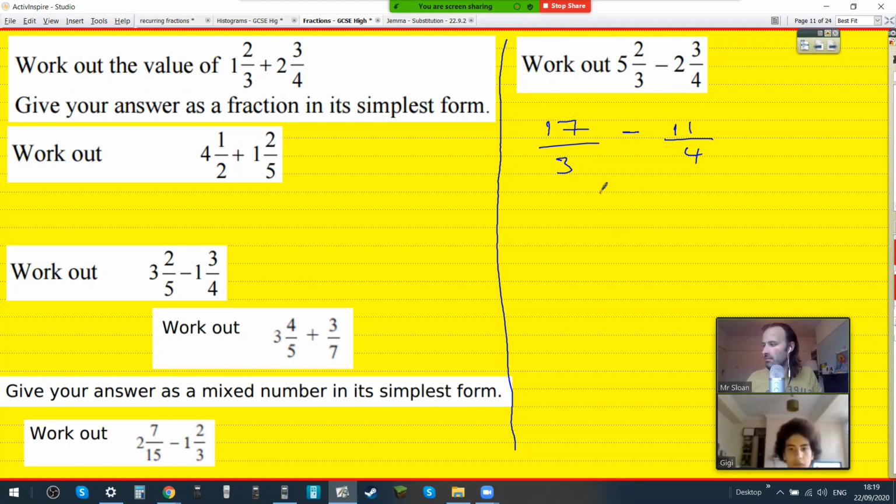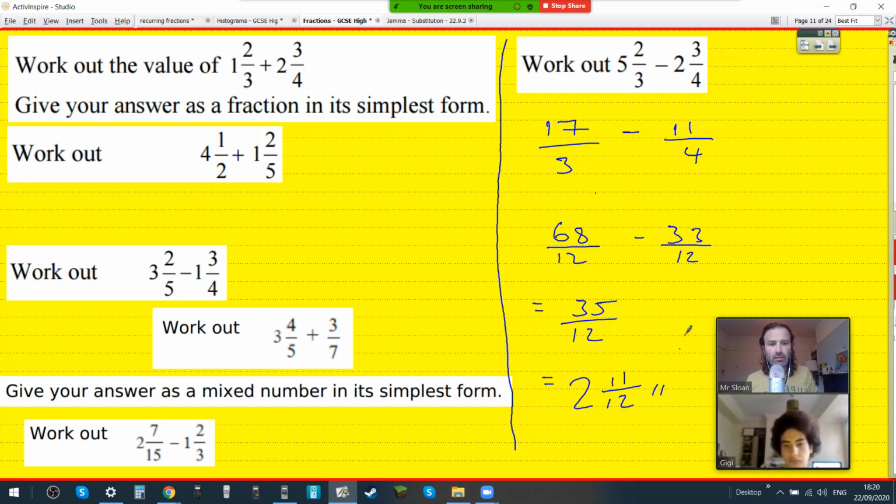Sure. So it'll be 12. So it'll be 68 over 12 minus 33 over 12, which would make 35 over 12, which is equal to 2 and 11 twelfths.